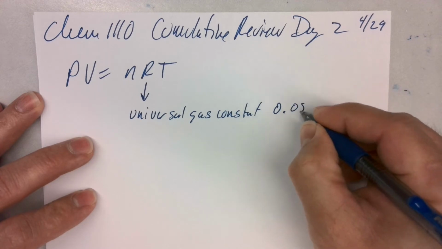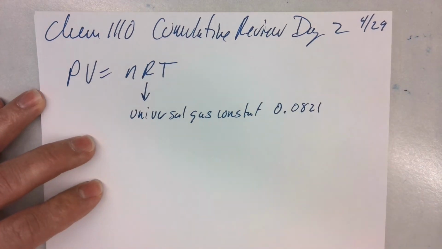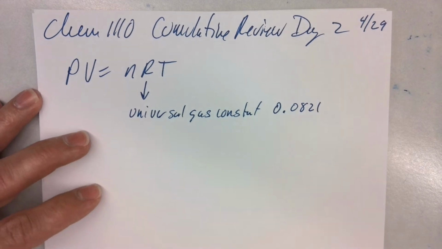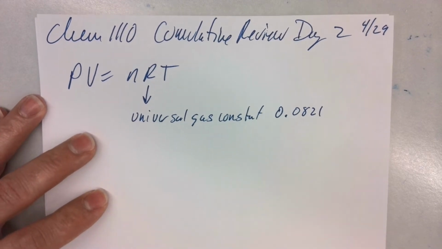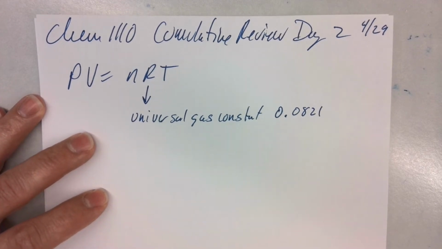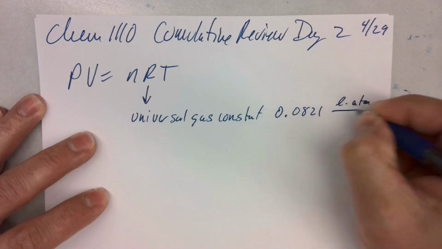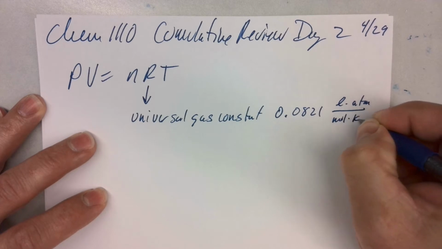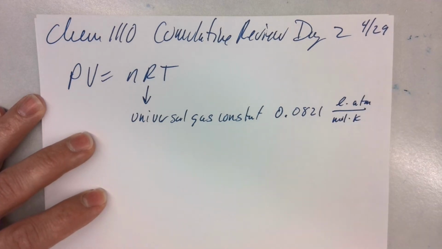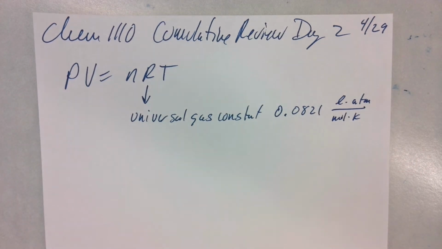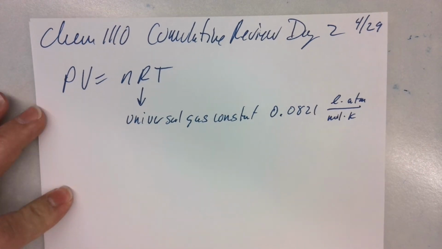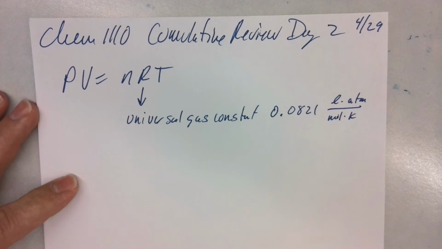0.0821, and that's the value of it. But there was another part of that was really important. Liters times atmosphere over moles times K. Now, is that you, Gabby? Yeah. Okay, why is that so important? Do you remember? Is it because of the way it all cancels out?